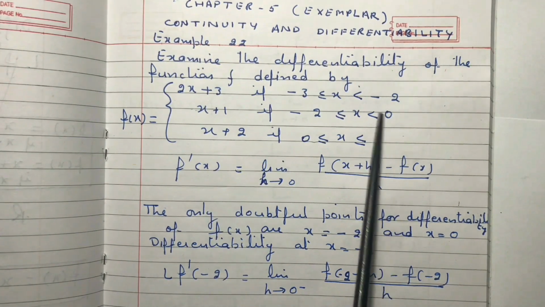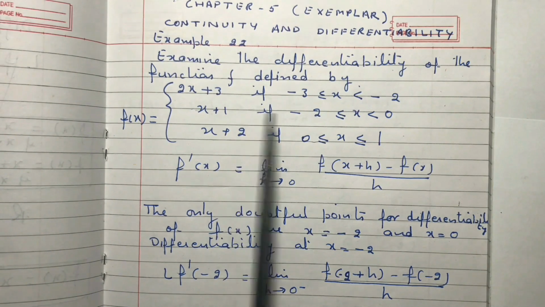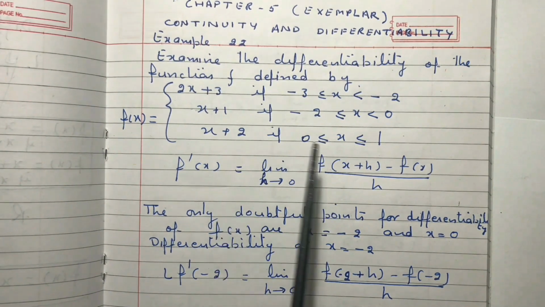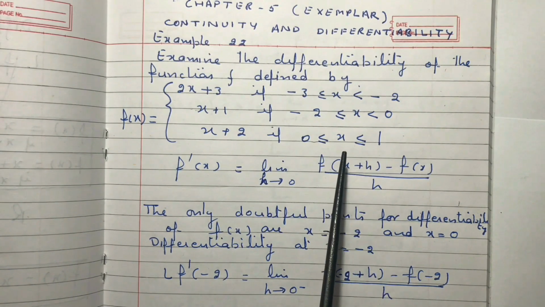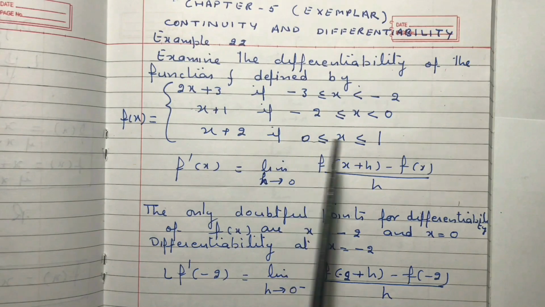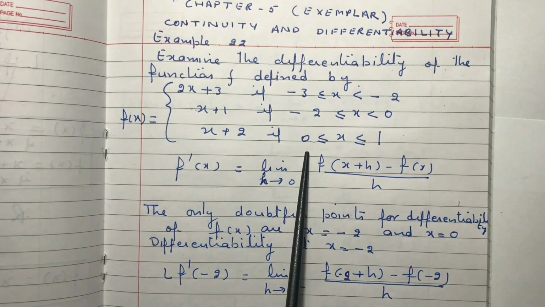For the left hand derivative at 0, we will consider this function for x less than 0 and for x equal to 0. For the right hand derivative, we will consider this function for x greater than 0, and this function for x equal to 0.